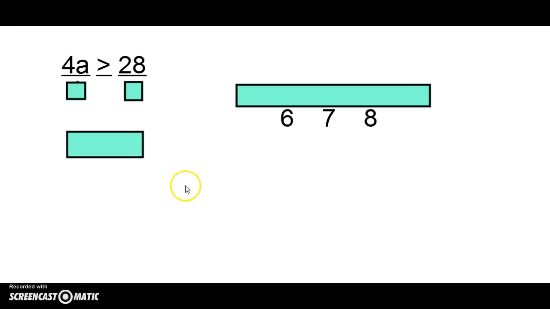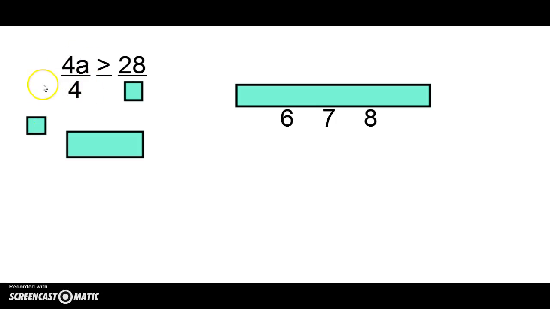All right, so now we have the opposite. We have a variable being multiplied by a number. So in your book, you would just see 4A is greater than or equal to 28. So you tell yourself, oh, right now the variable is being multiplied times 4. We want to get the variable alone, so divide by 4.